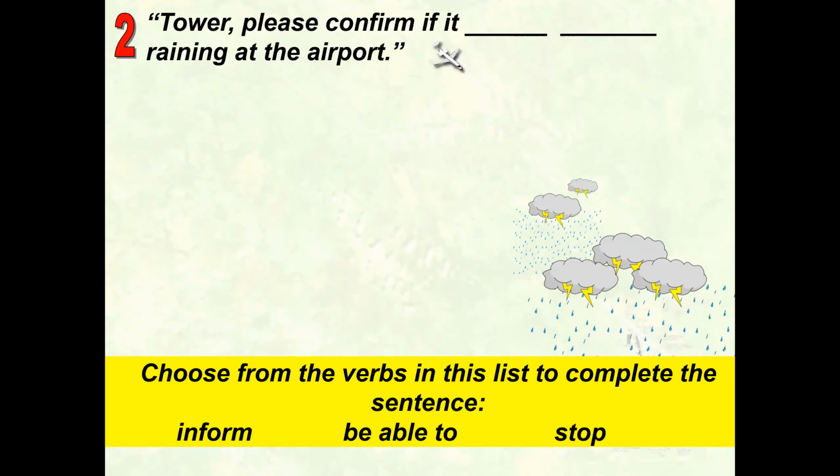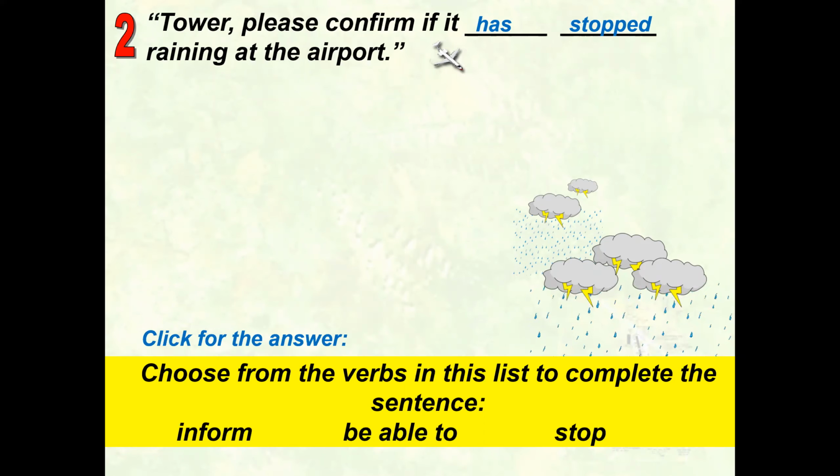Yeah, maybe you could say confirm if you've informed us, but it simply is: has it stopped, has it started? If it hasn't stopped raining, please confirm if it has stopped raining.